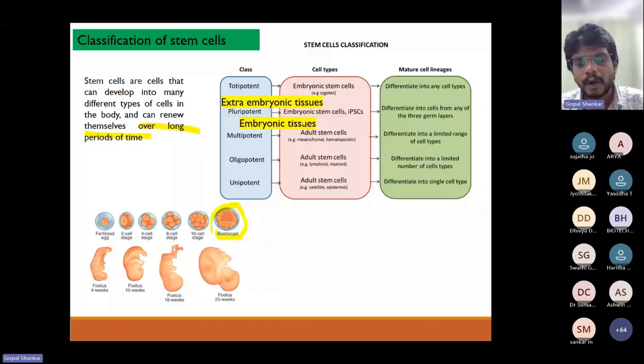So instead of this, one technology was proposed that is called induced pluripotent stem cells, which means that somatic cells can be transformed into pluripotent stem cells by means of 4 transcription factors. And these are called the Yamanaka factors, which were discovered by the Japanese scientist, and he was awarded the Nobel Prize, which is basically converting a normal adult somatic cell to behave like a pluripotent stem cell.